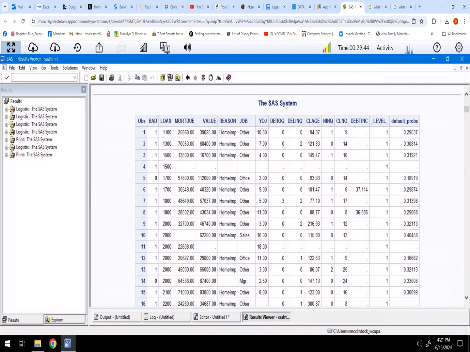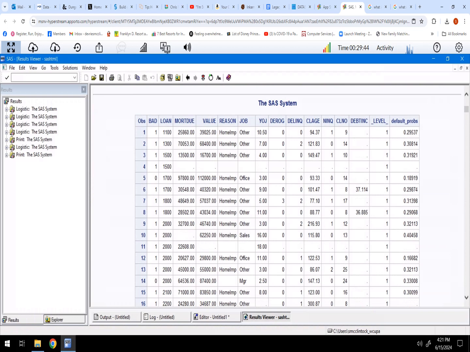If I look at that first line, if a person's loan was for 1,100, probably 1,100 thousands of dollars or something like that, if their job was other and they've been at their job for 10.5 years, then my model says that they have a 29.537% chance of defaulting.